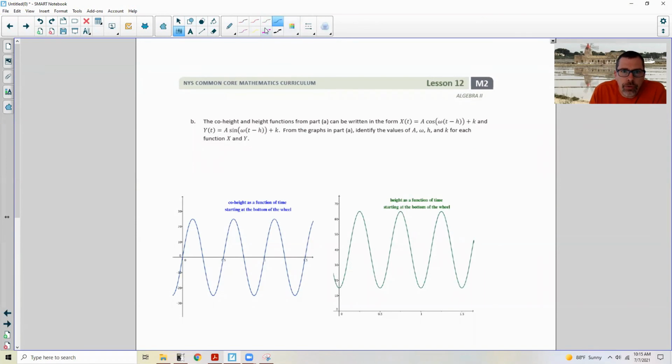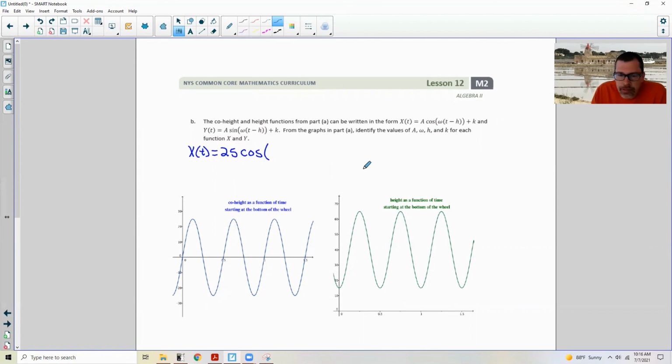So I will do the co-height, which is my X here. So it's going to be X of t, X with respect to time. Equals, well, what is A? Here's my midline. My A is max 25, min negative 25. So that's going to be 25. Cosine omega.